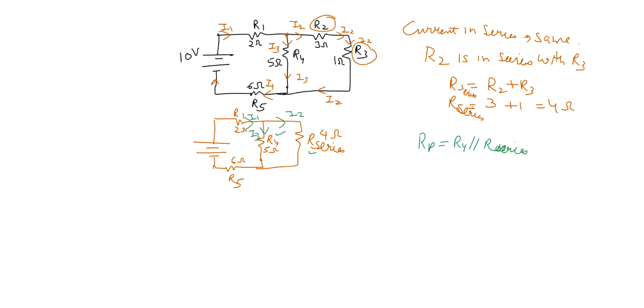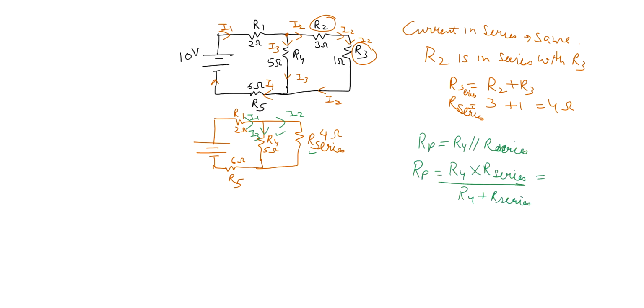When you have two resistors in parallel, RP will be R4 times R series divided by R4 plus R series. This is how you find the equivalent resistance for parallel.